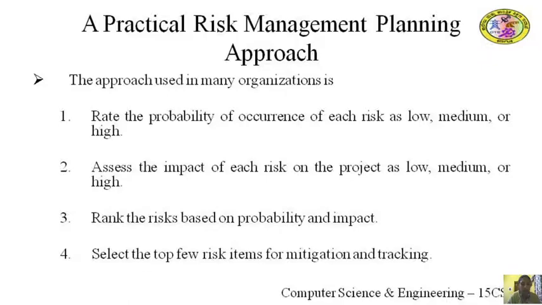For example, a high probability, high impact item will have higher rank than a risk item with a medium probability and high impact. In case of a conflict, judgment can be used to resolve. And 4. Select the top few risk items for mitigation and tracking.